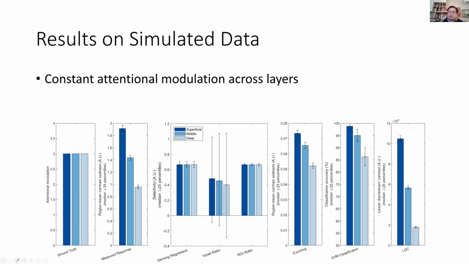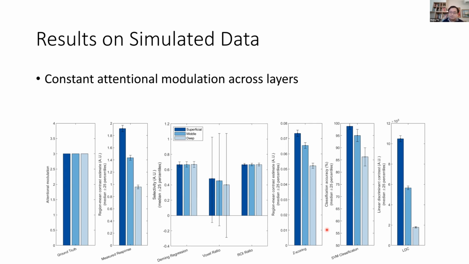For the ratio metrics, you can see that both Deming regression and ROI ratio are able to accurately capture the flat attentional profile, while voxel ratio shows high instability, similar to our expectations. Z-scoring, SVM classification, and LDC all show a strong superficial bias, and thus are probably unsuitable for usage.